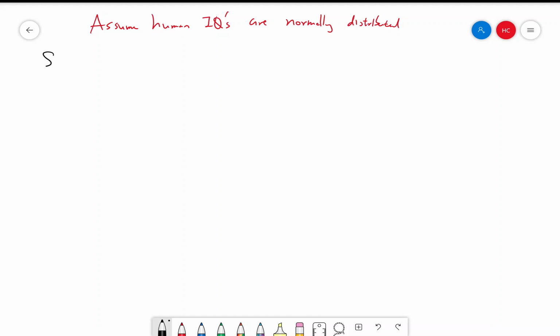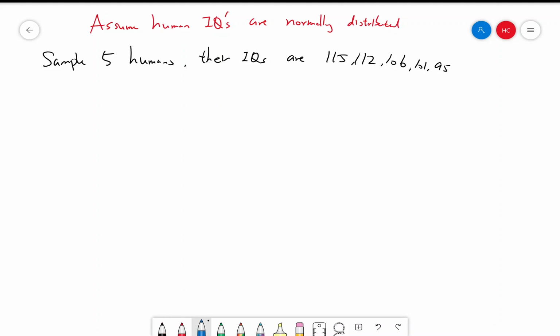Now, let's sample 5 humans, and their IQs are 115, 112, 106, 101, and 95. So we can calculate the sample standard deviation. Using a calculator, the sample standard deviation is equal to 8.1.